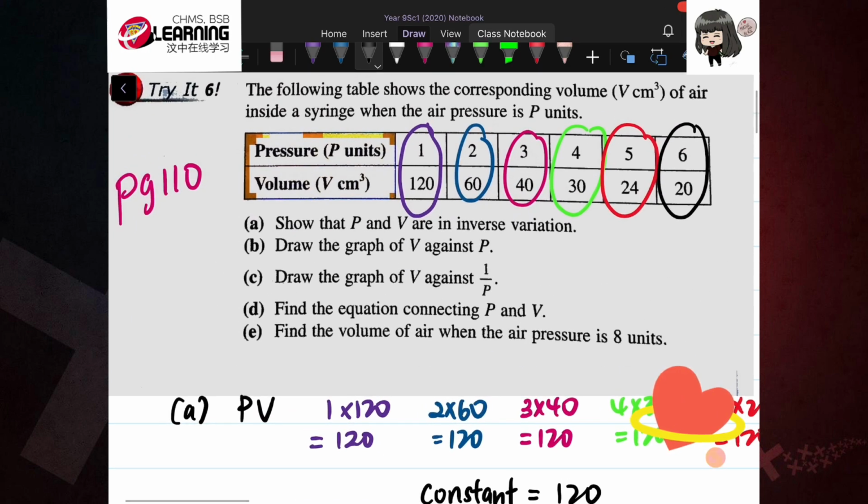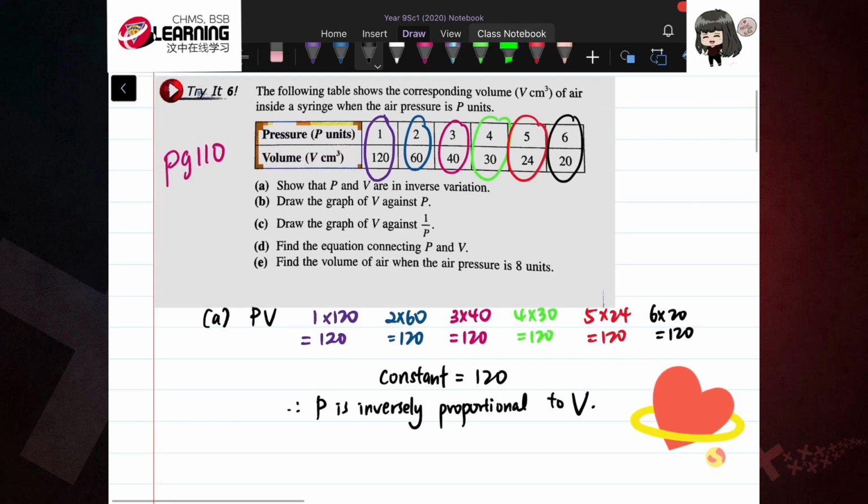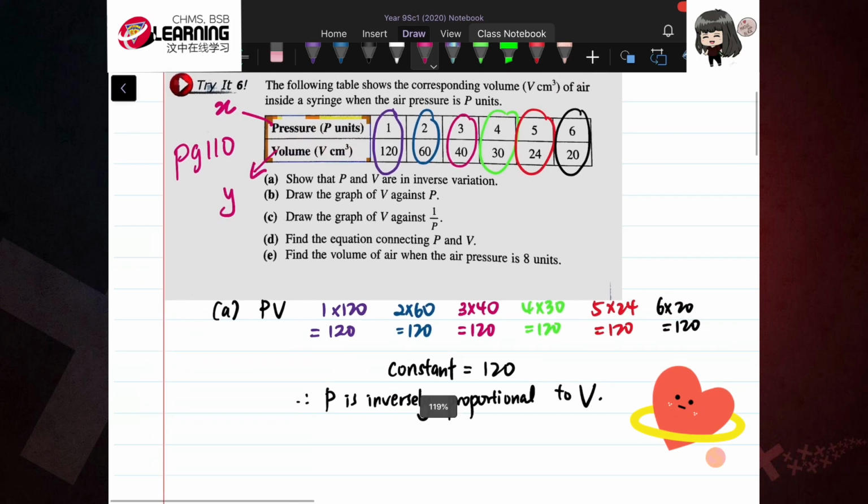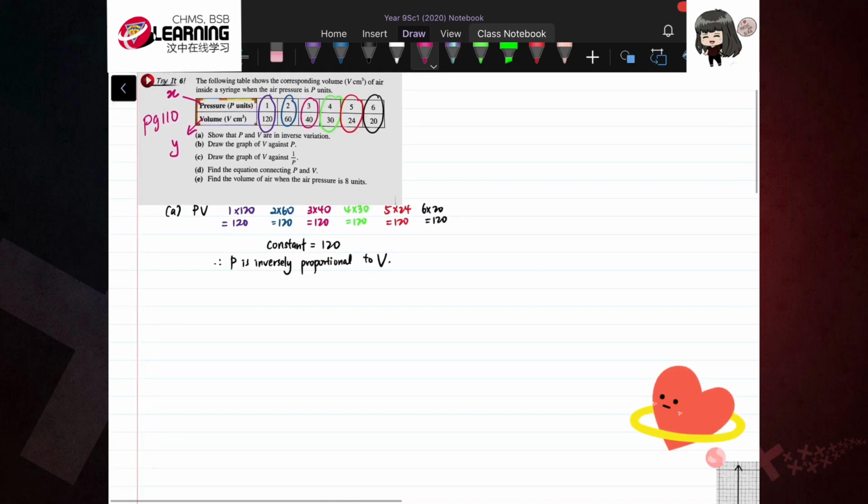Your V is the y-axis and your P is the x-axis. So this is your y-axis, and pressure P units is your x-axis. Prepare a graph.